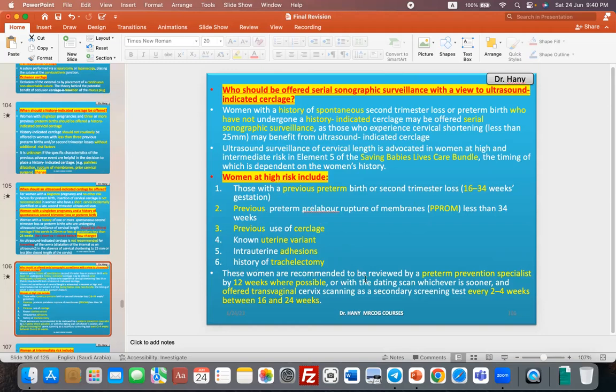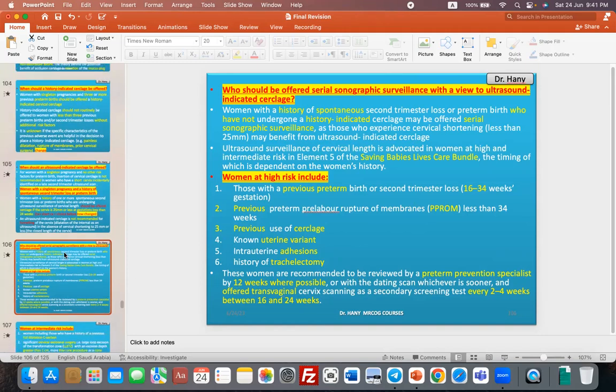These women are recommended to be reviewed by the dedicated preterm clinic by 12 weeks. Why? To do a scan, whichever is sooner, with the dating scan or after, and offer transvaginal cervical screening or scanning as a secondary screening test every 2 to 4 weeks, between 16 and 24. I found her at 12, and I saw her at 14, and she has a short cervix, so that's enough. It's high risk already.